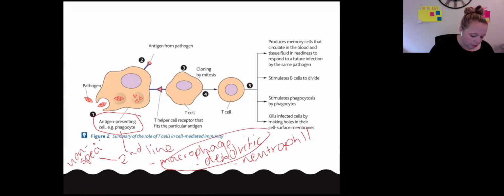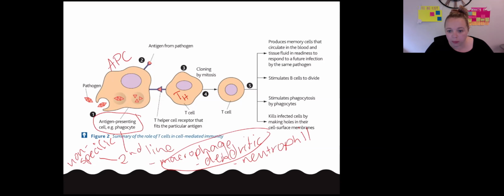Now we've talked about these cells being APCs, or antigen presenting cells. So this is our APC, and it presents an antigen, and this is where our specific immunity comes into play. This here is a T helper cell.